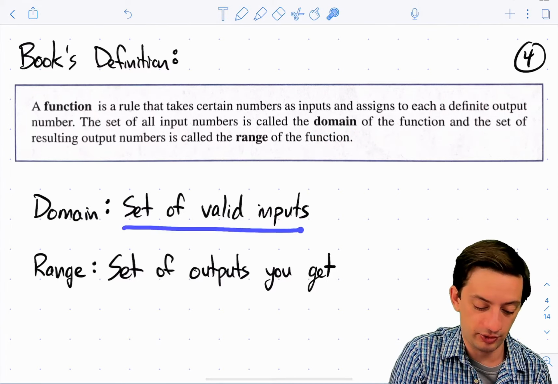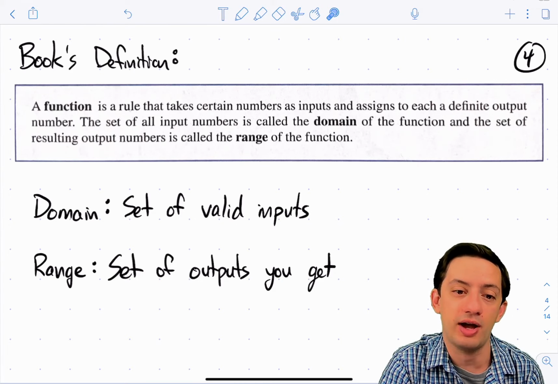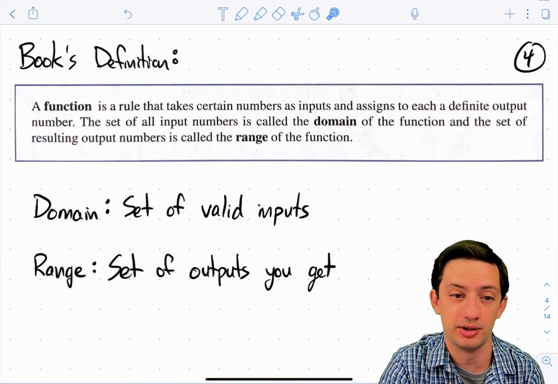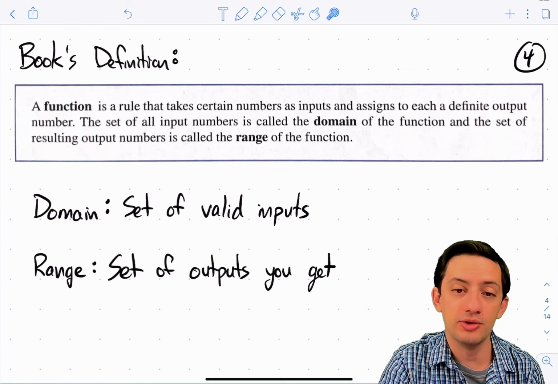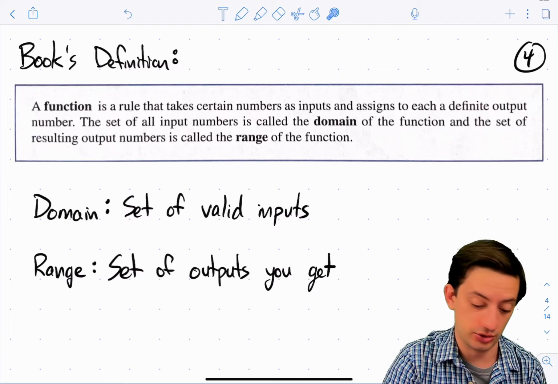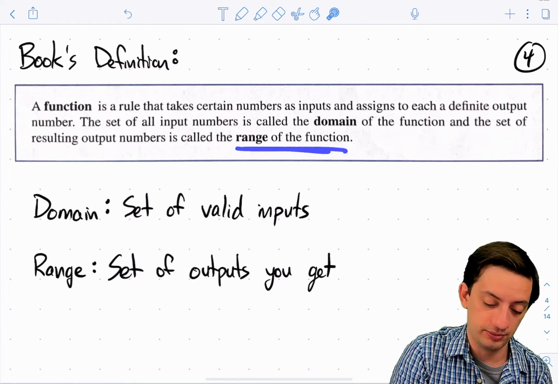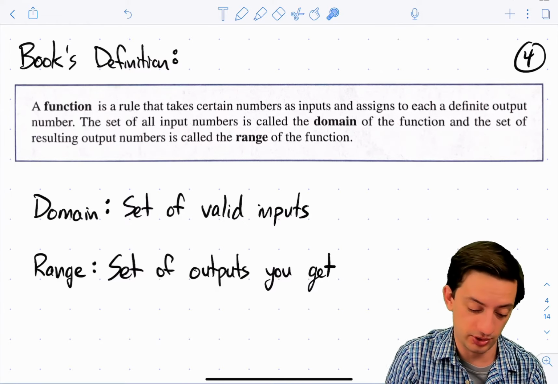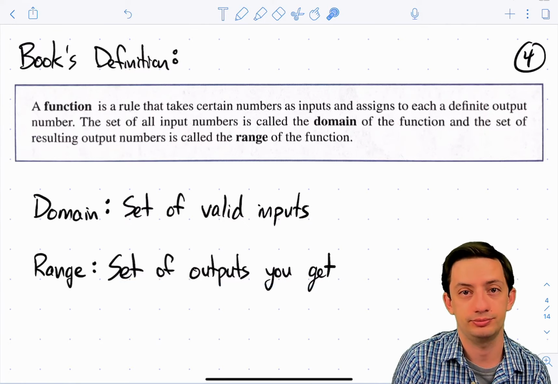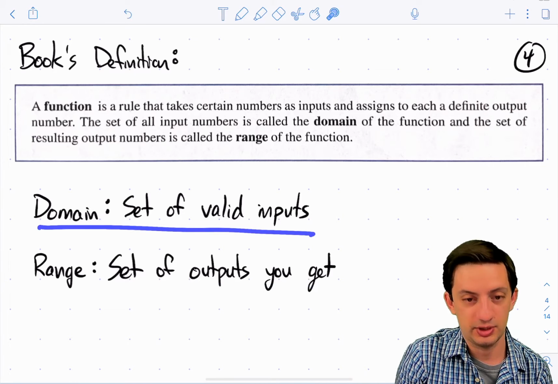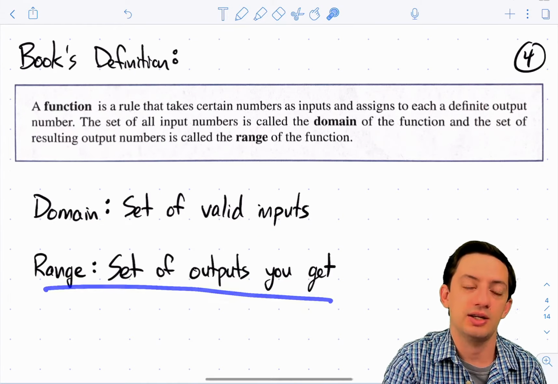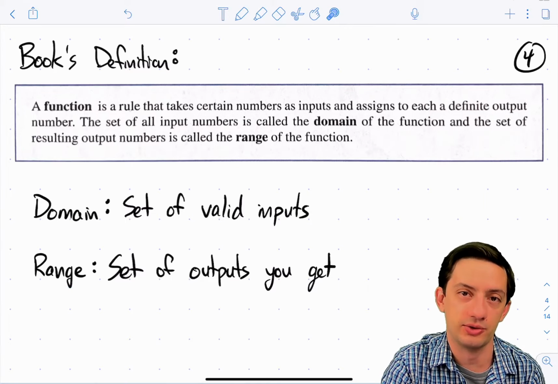The way that I would phrase that is that it's the set of all valid inputs. Those are the things that you're allowed to feed into your black box. The other thing we're going to define is the range. The range of a function is the set of numbers that come out of the black box, so these are the set of outputs. So the domain is the set of valid inputs, and the range is the set of outputs that you actually get.